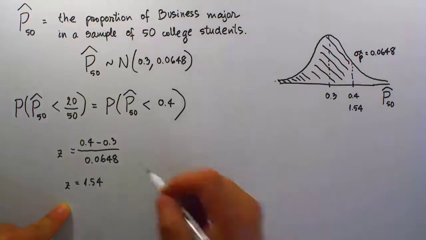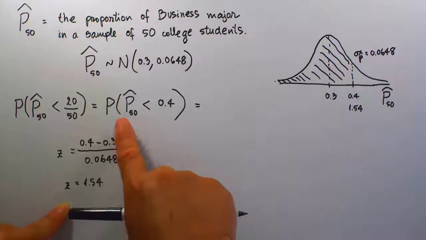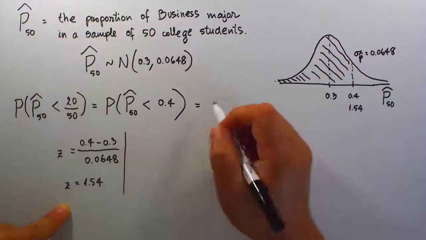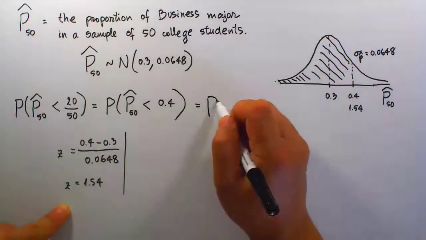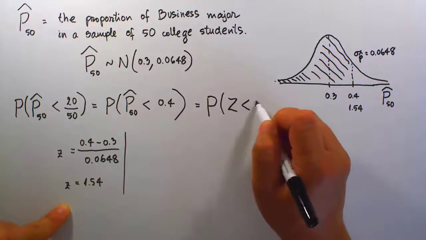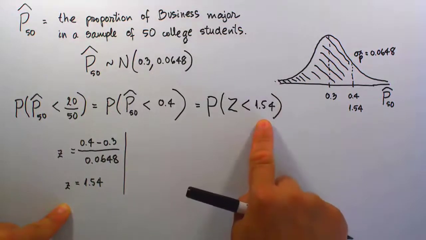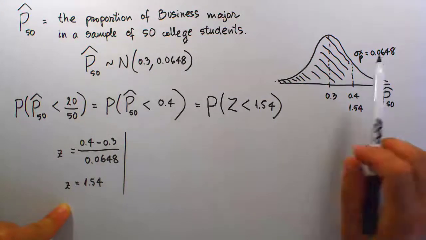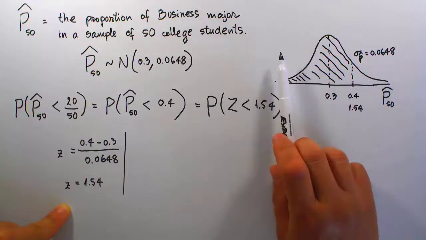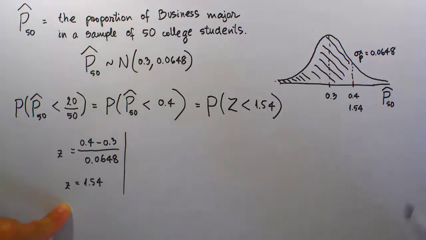And so the answer to this question, the probability where our capital P hat 50 takes a value less than 0.4, is the same as the probability of a z-score being less than 1.54 on the standard normal distribution curve. That is graphically represented by this area shaded to the left of either 0.4 or 1.54 on the standard normal distribution curve.